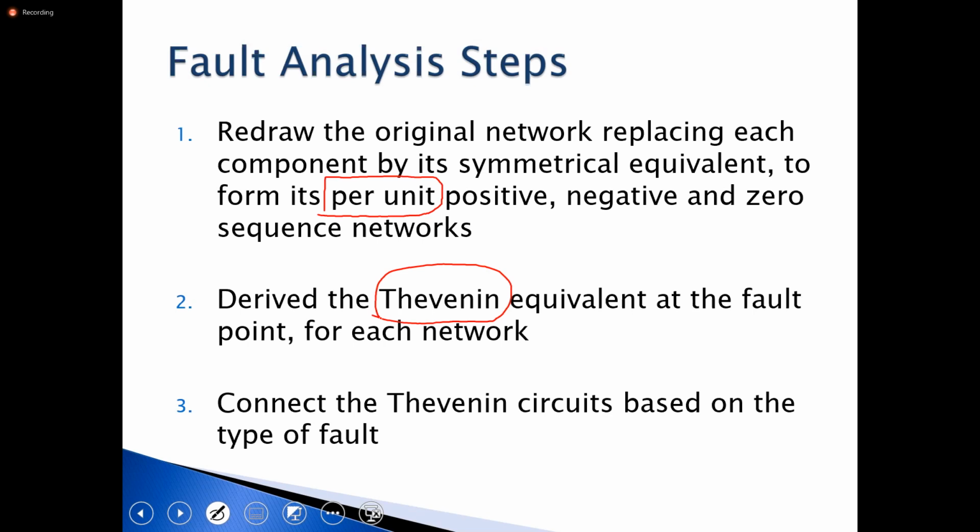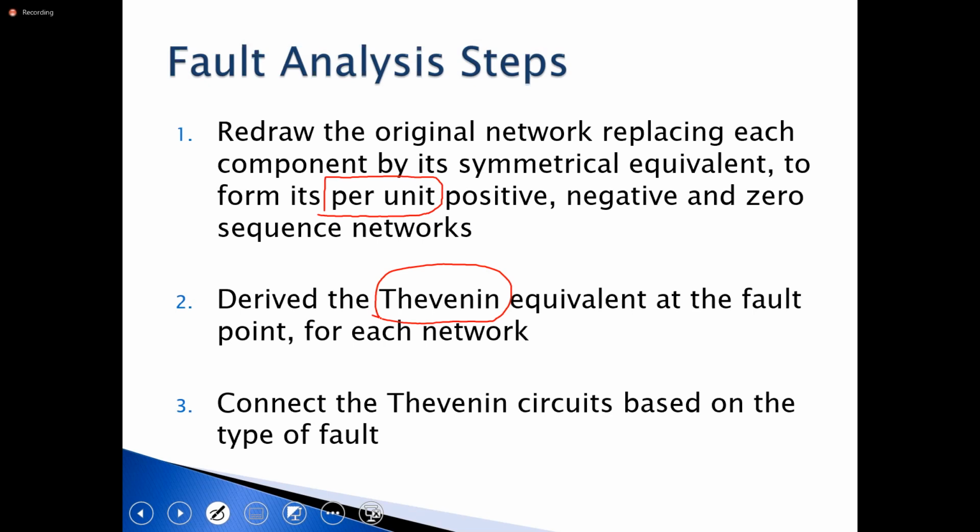Step 3 is that you're going to be connecting the Thevenin circuits. After you have found the Thevenin equivalent, bear in mind that in power systems the Thevenin equivalent would just be an impedance. You're going to then connect them depending on the type of fault that you have.